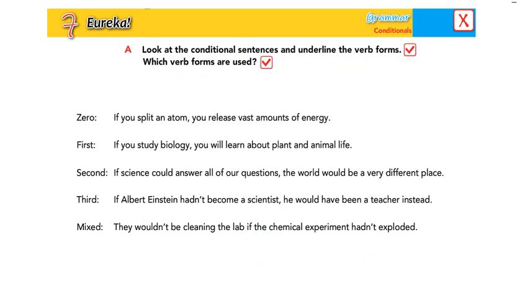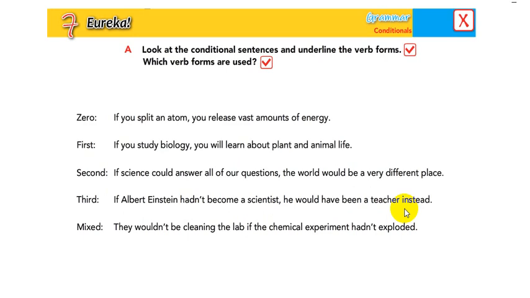Now guys, let's go to the third conditional. The third conditional, have a look at the example. I'm sure it's the longest one and the only one that expresses past. If Albert Einstein hadn't become a scientist, he would have been a teacher instead.